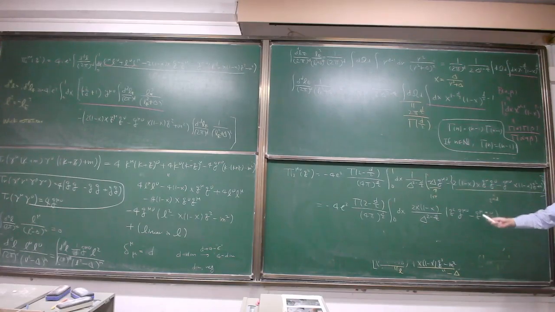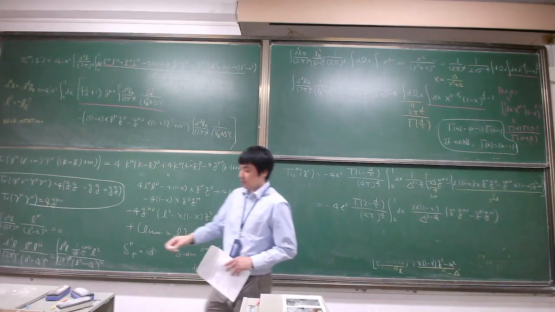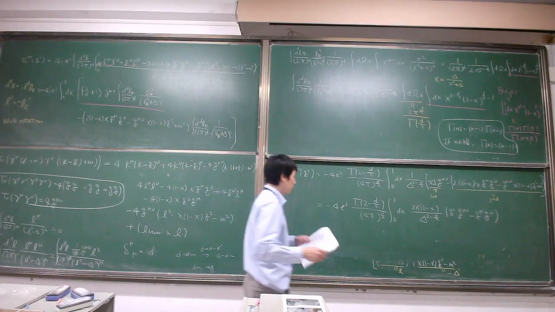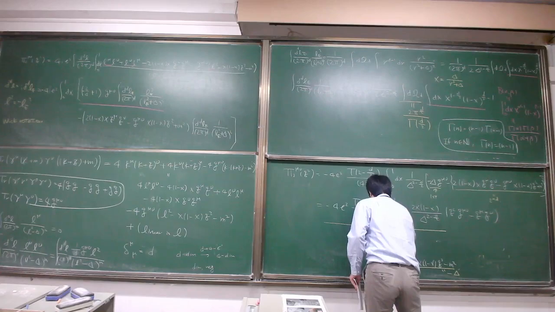So pi 2 mu nu is also of order alpha, it's very beautiful. This means that this part is equal to pi 2 cubed.